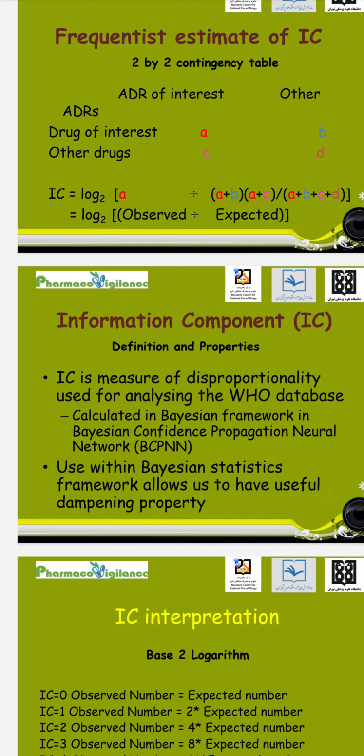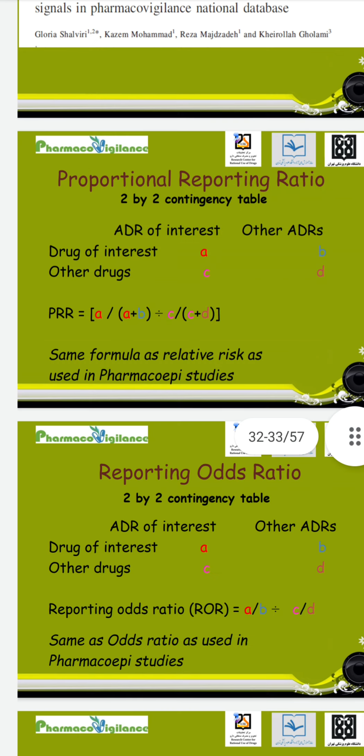Being used within a Bayesian statistics framework allows us to have a useful dampening property.